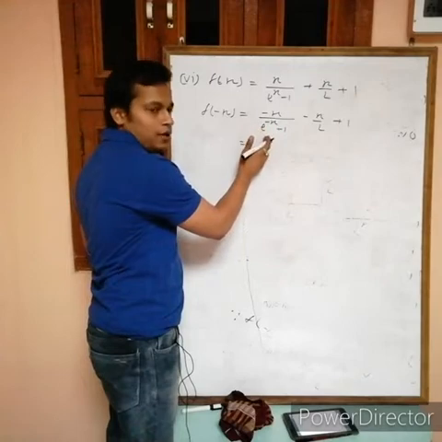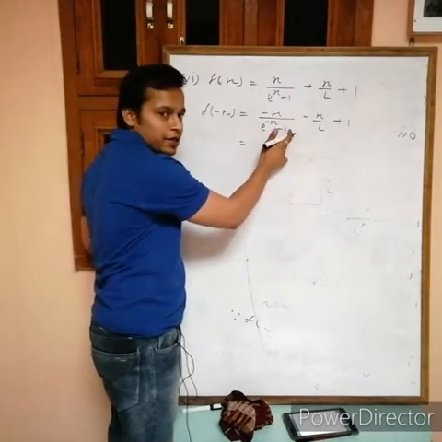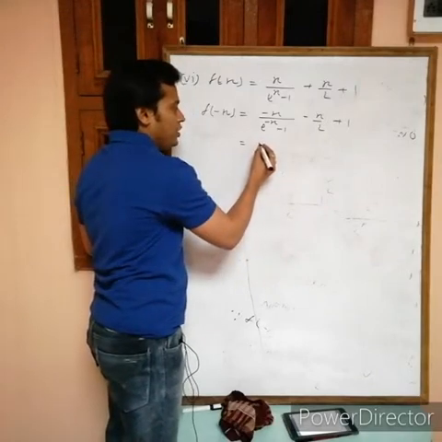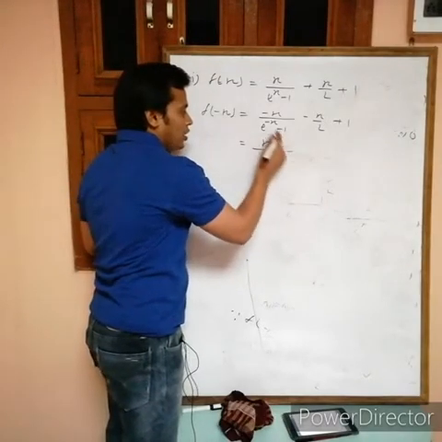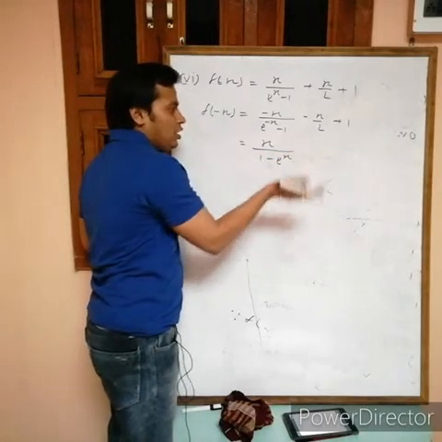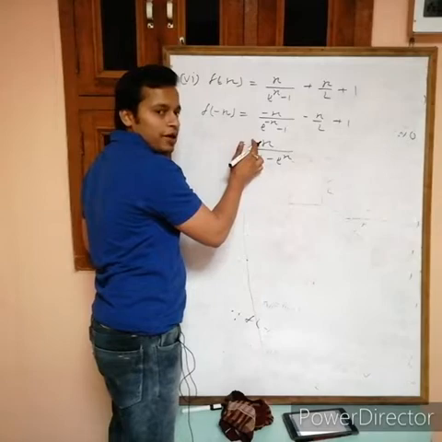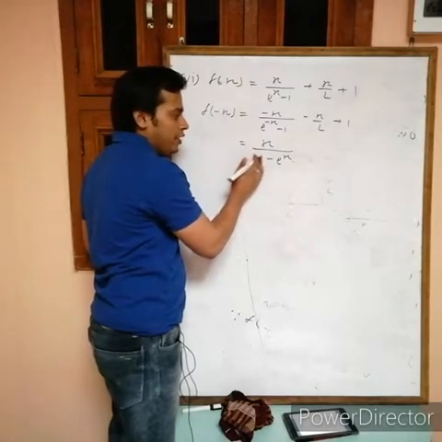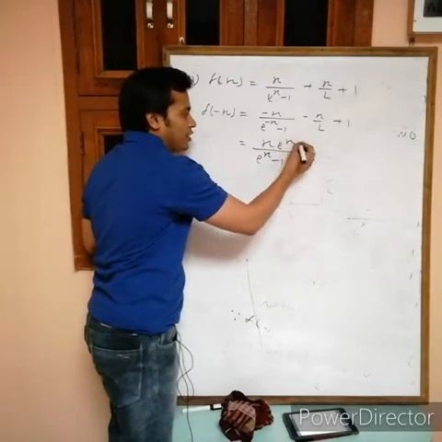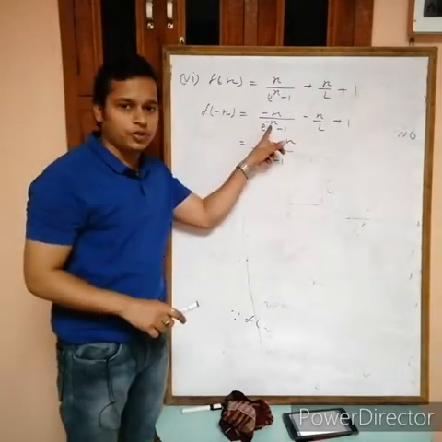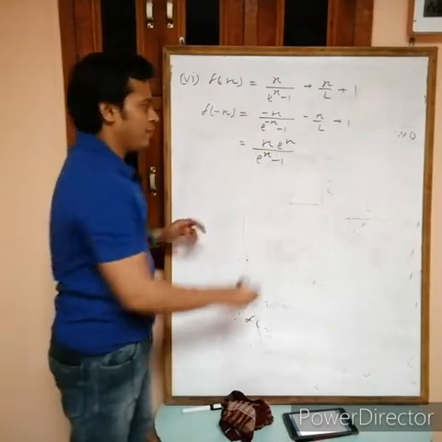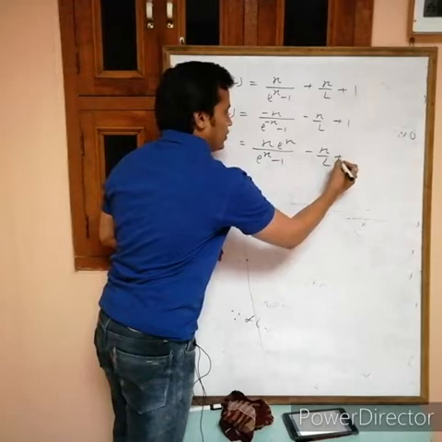So 1 by e power x at this side, then in numerator 1 minus e power x, e power x in numerator, here with minus sign. If you multiply minus here, then you will get x e power x by (e power x minus 1). Just simply put 1 by e power x and calculate, you will get this one. Both are the same thing. Minus x by 2 plus 1.